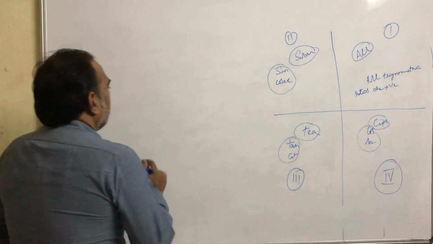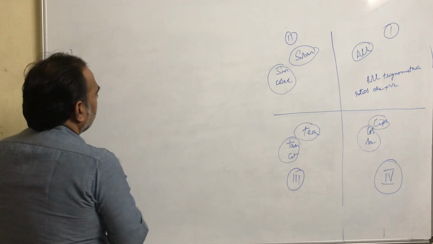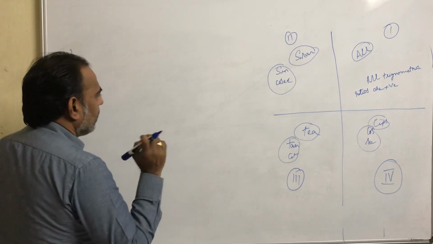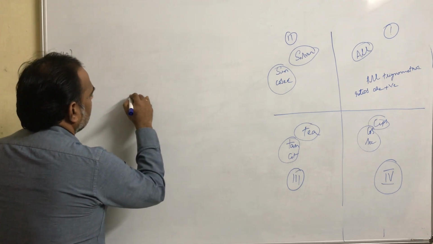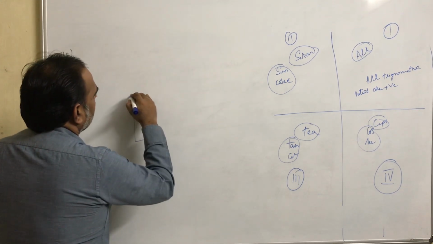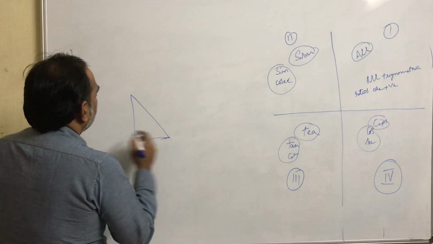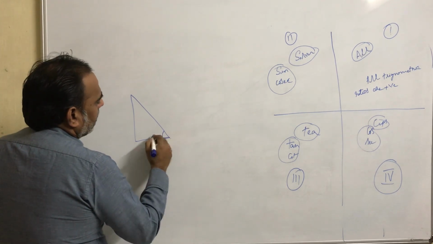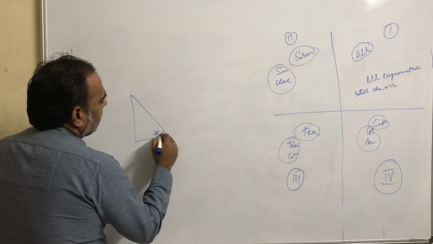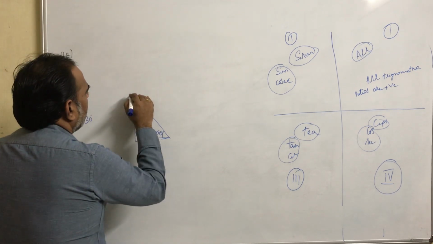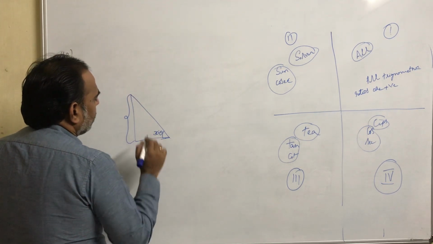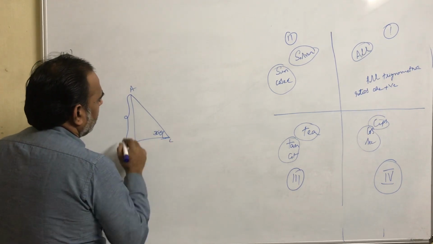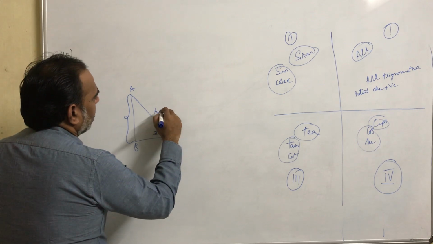Okay. And let us say now we will know what is the value of sine 30. First of all, I will tell you what is the sine theta. Sine theta means, let us say if theta is 30 degrees, what is the ratio of opposite side by hypotenuse?